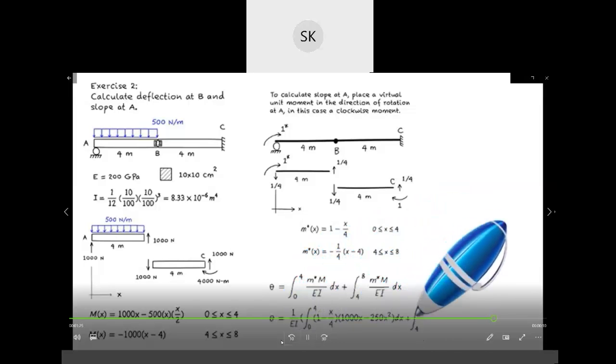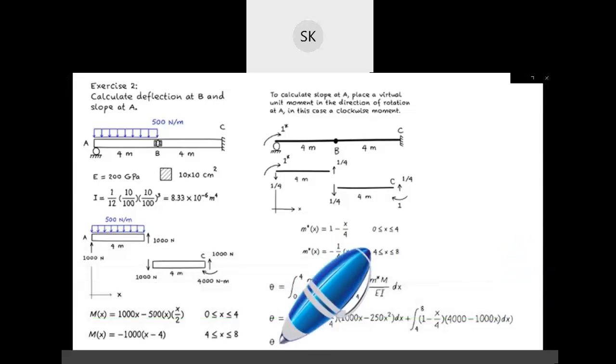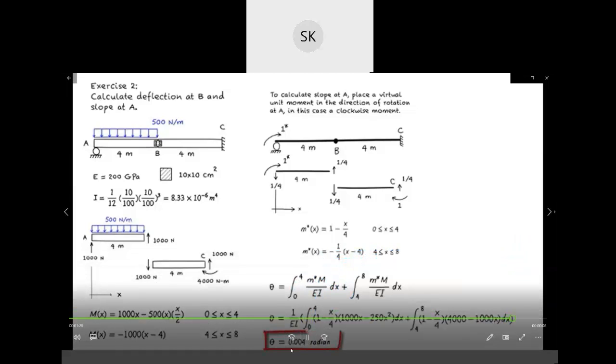The same way, find the moment equations, place them in the formula, and with simple integration you will get theta also, which is 0.004 radian.